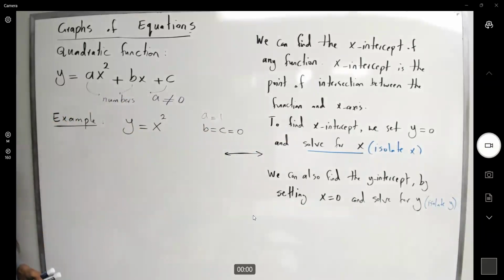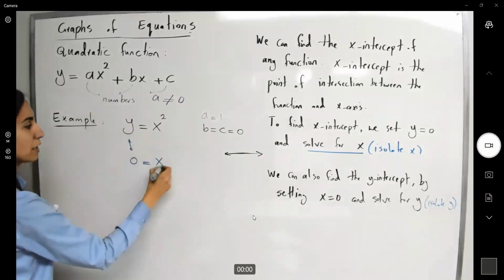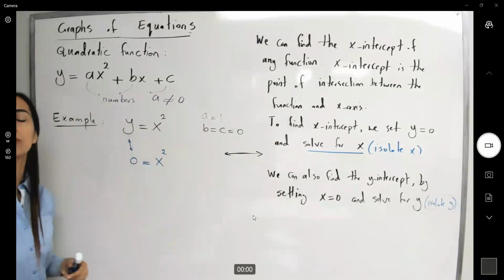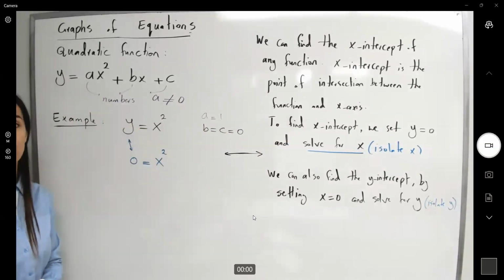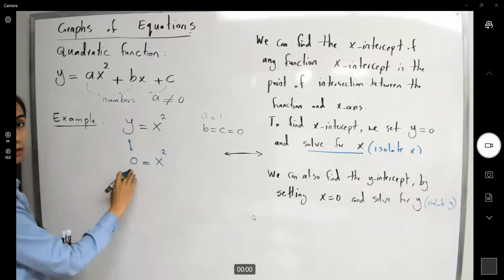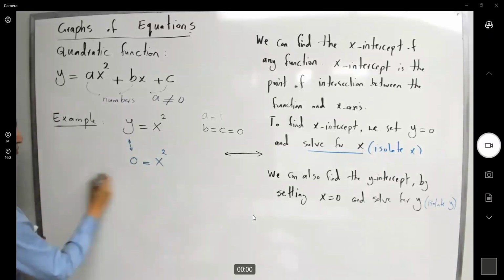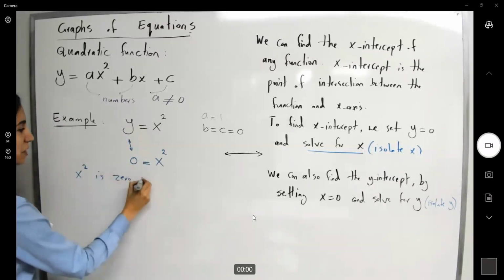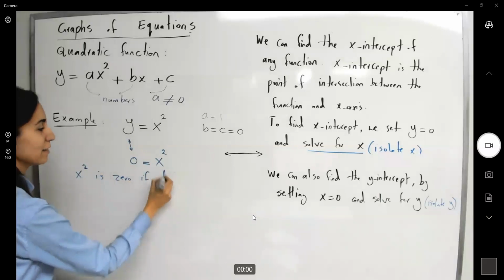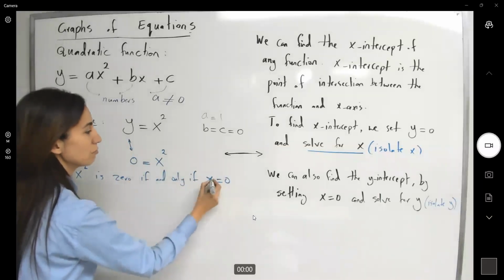What's the meaning of that? It means that on the left-hand side, my y becomes 0. On the right-hand side, you have x to the second power equal to 0. X squared is 0 if and only if x is 0.